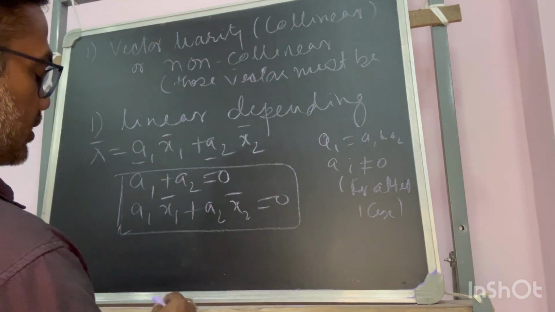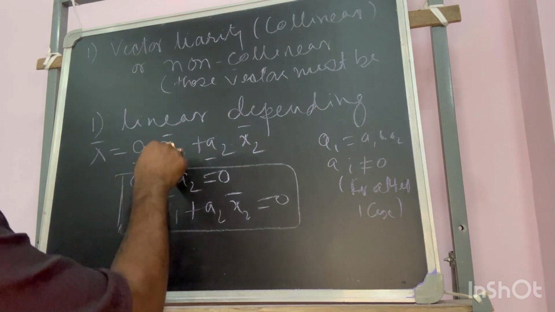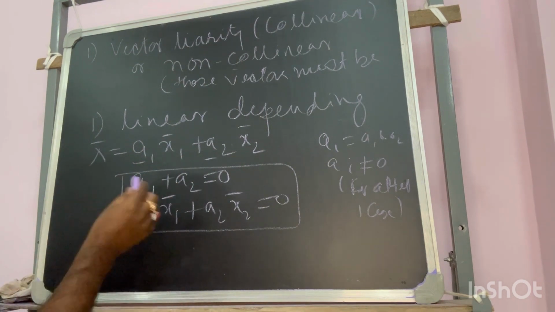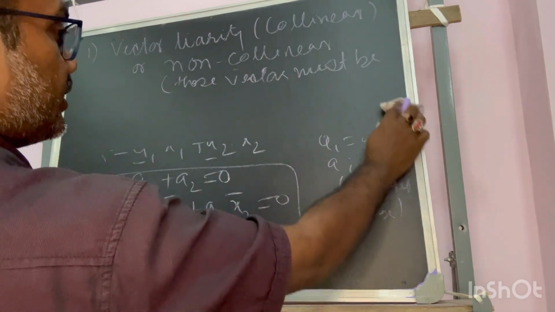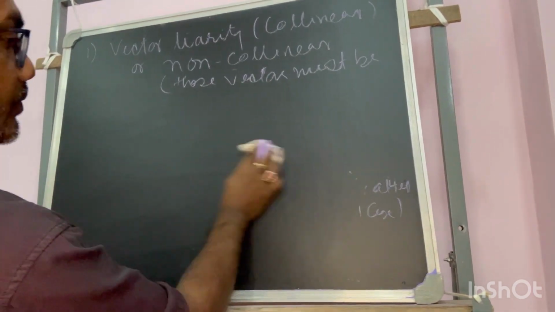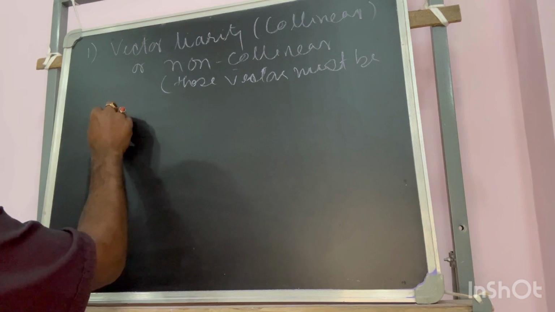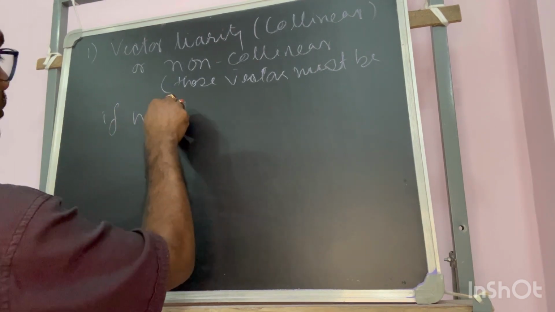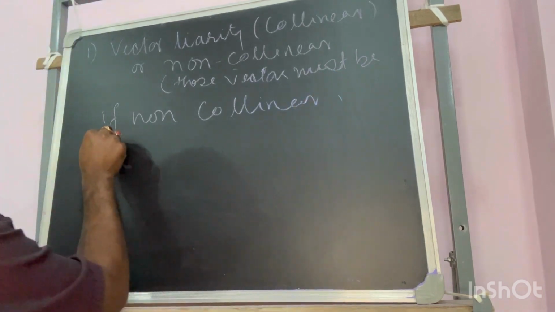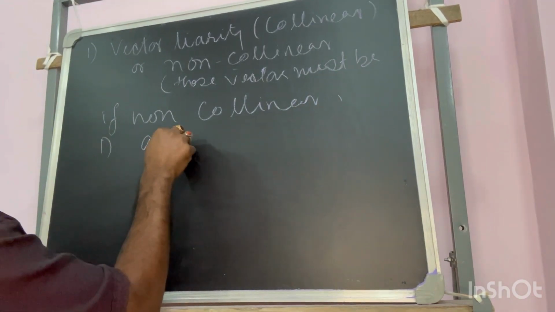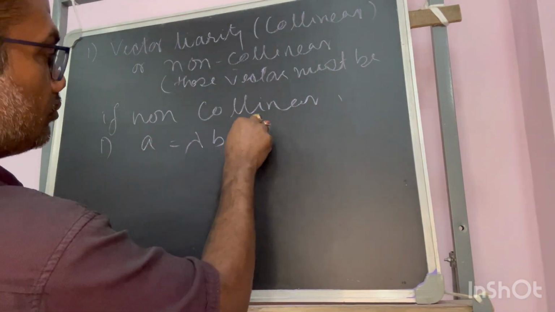In the non-collinear case, this condition will change into linear independency. Again, if it is non-collinear, then the first condition that I said, A is equal to lambda B, will not be satisfied.